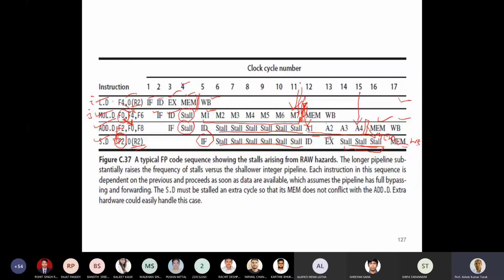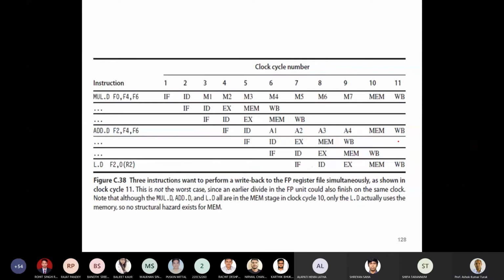Okay, so let's look at the problem of the write back stage. Now let's look at this sequence of instructions.